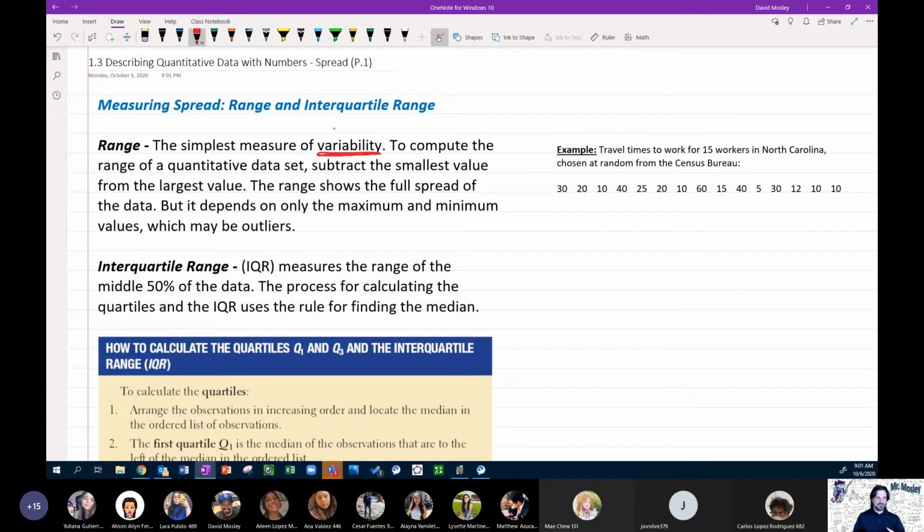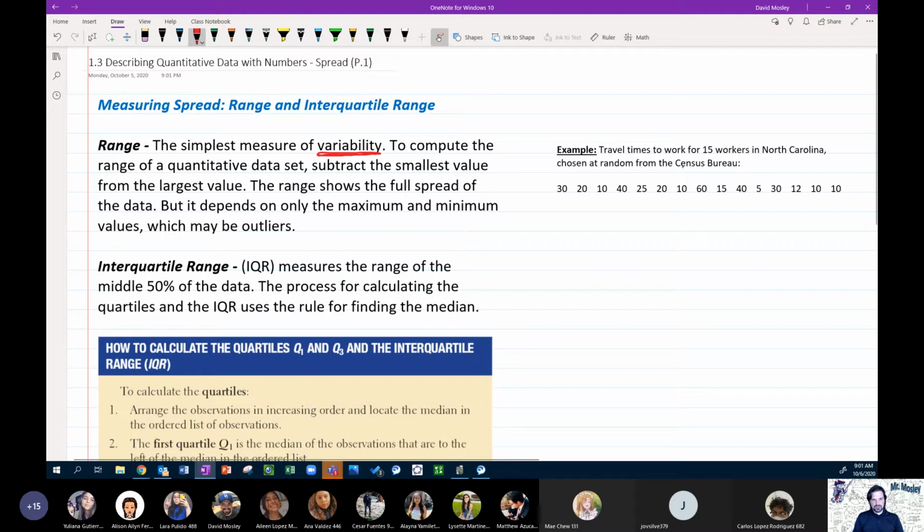So if you're just doing the range, you could get a very large range, but it isn't really indicative of the actual spread of the data, because you could have one extreme outlier that's making the spread seem much larger than it is. If we exclude that one, then we get something more reasonable and a better representation of how spread out our data typically would be.